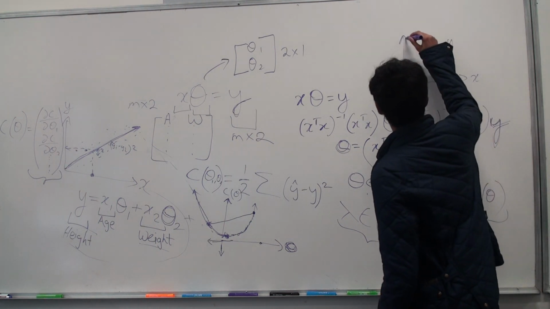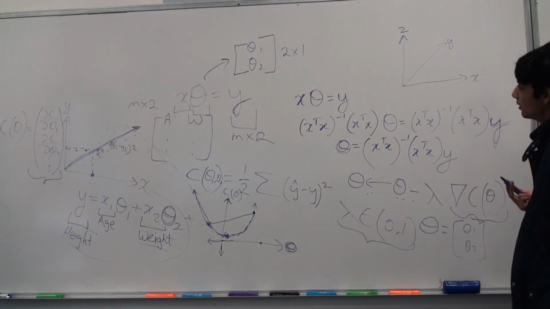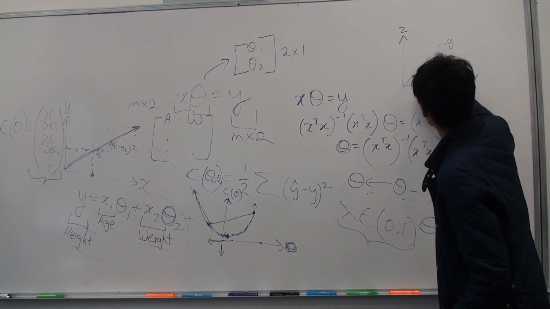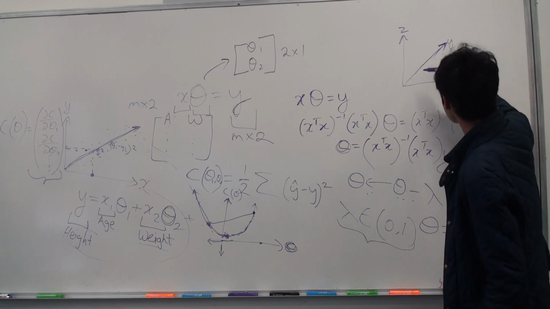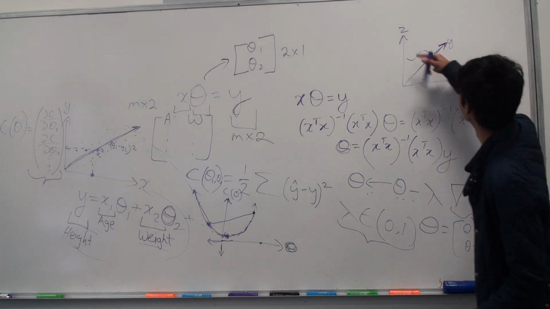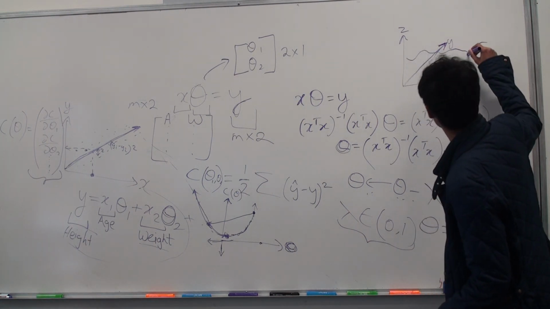So if you have 10 columns, then it'll be a 10-dimensional graph. And obviously you can't draw that. We can draw up to 3 dimensions in real life. So it will look like some plane as a function of x and y. And we want to find the minimum value here.